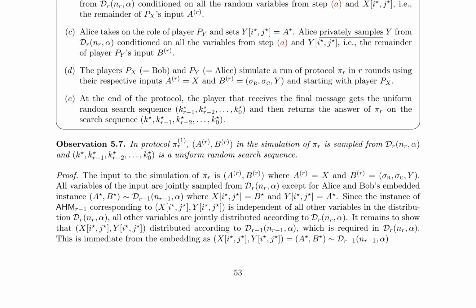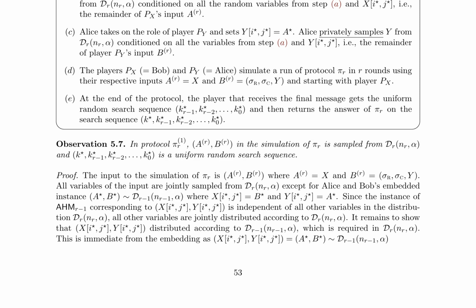In step C, Alice takes on the role of player p y and sets y at i-star, j-star, equal to a-star. Alice privately samples y from D r, n r, alpha, conditioned on all the variables from step A, and y at i-star, j-star, i.e. the remainder of player p y's input B r.